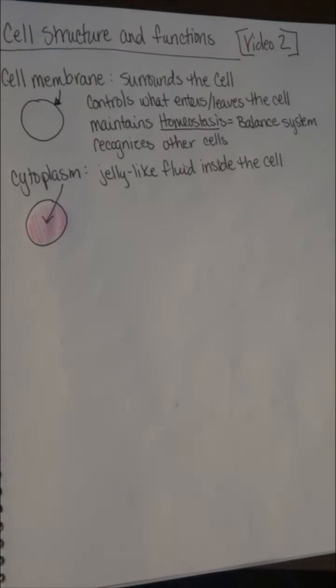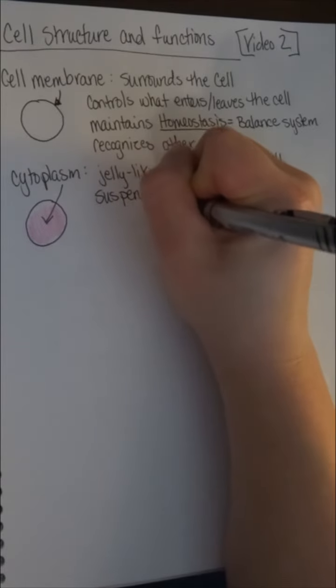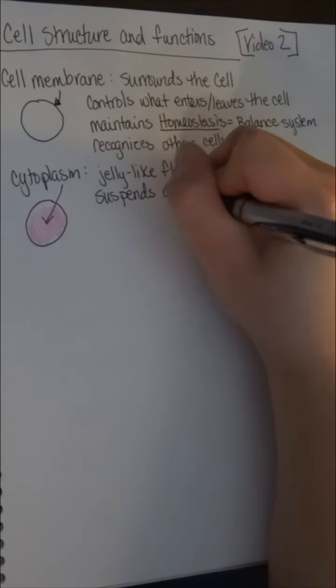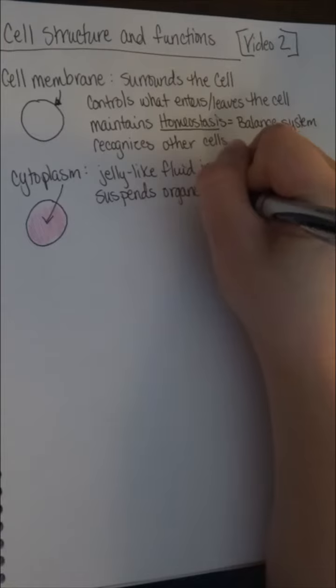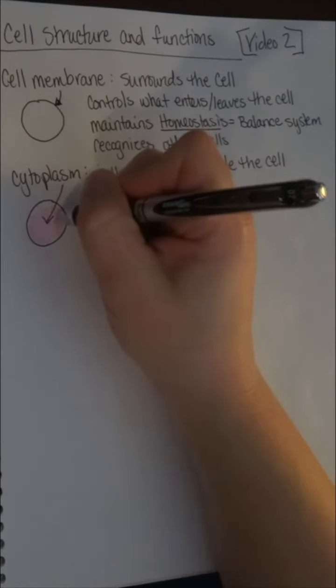That is the jelly-like fluid inside the cell. So what exactly does the cytoplasm do? I mean, it's just not there for no reason. What it does is it suspends our organelles in place. It also is enclosed within that cell membrane, so it's inside here.